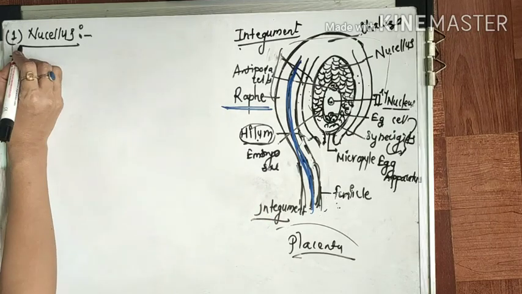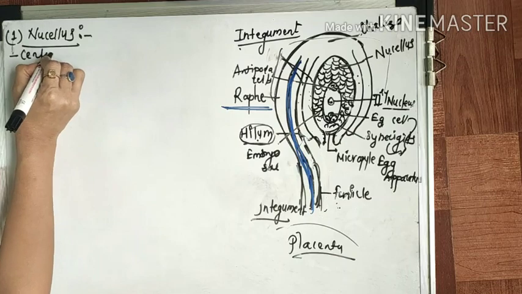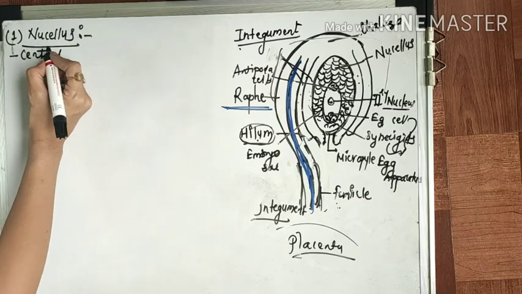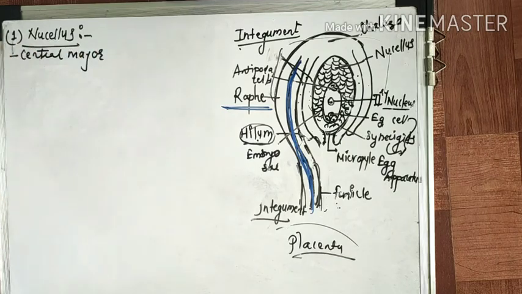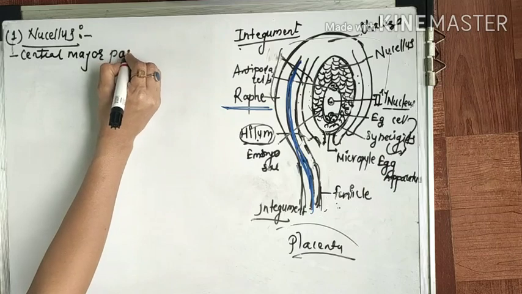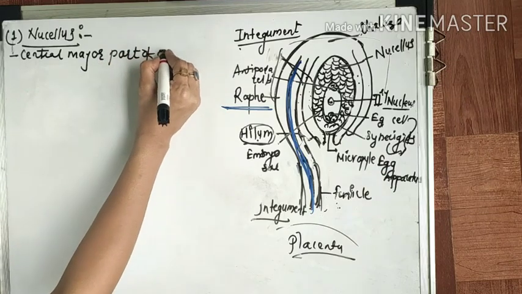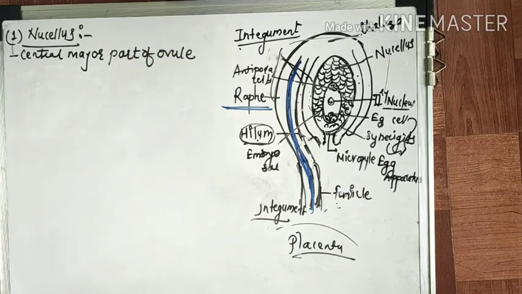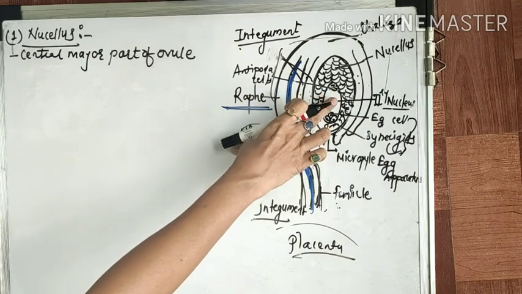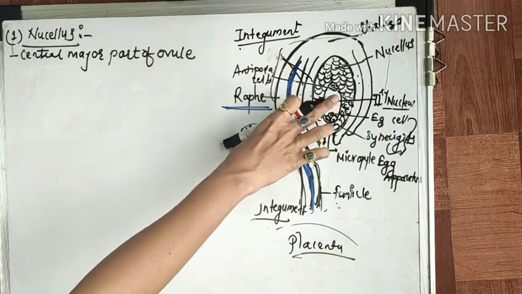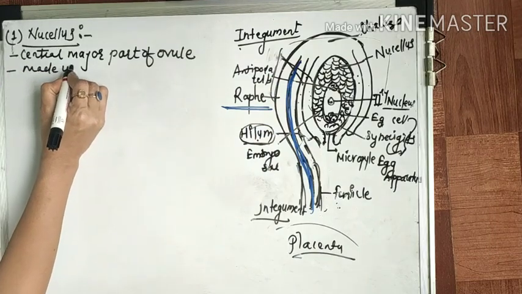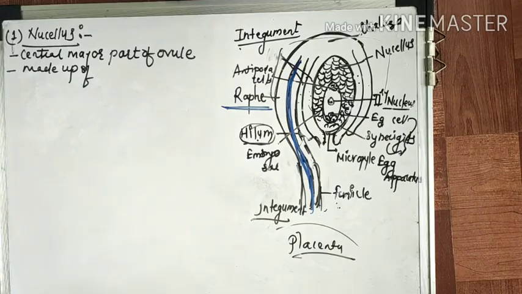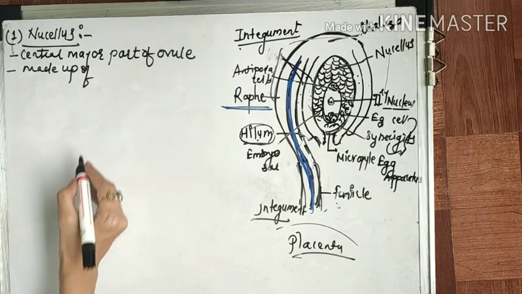So what is nucellus? It is the central major part of the ovule that is made up of parenchymatous tissue.